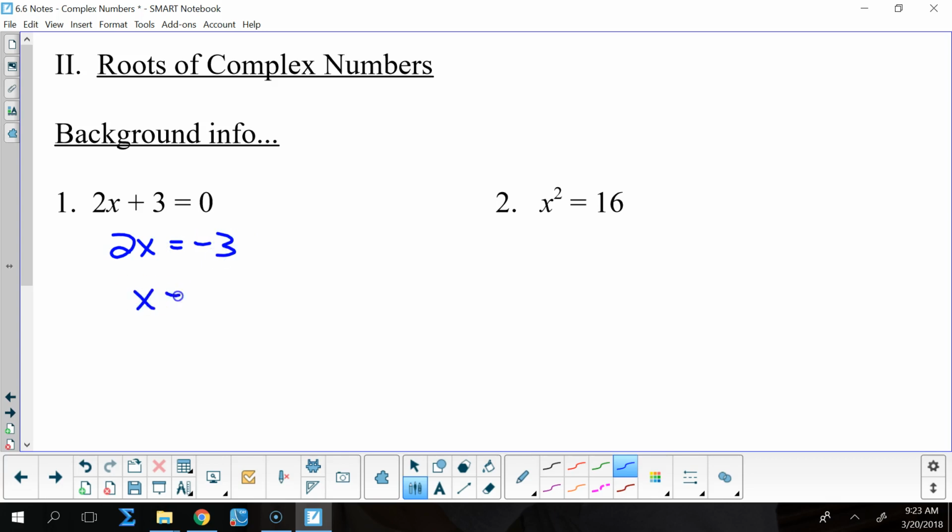And so you would get x equals negative 3/2, right? Now, how many total solutions should you get in this particular equation? 1, right? Does anybody remember why we get 1 solution in this equation?